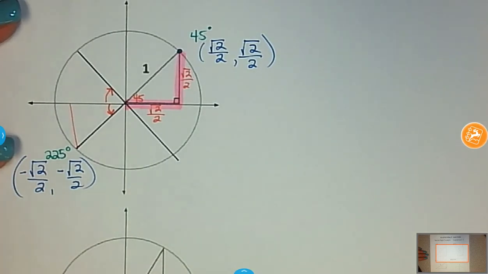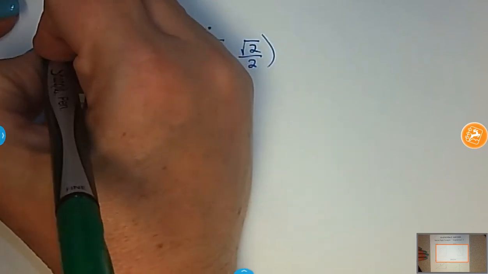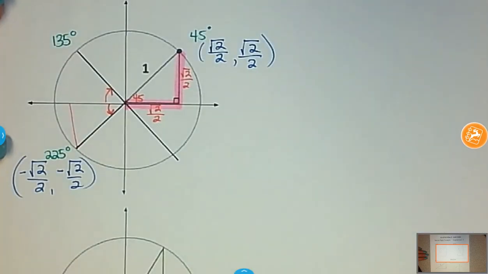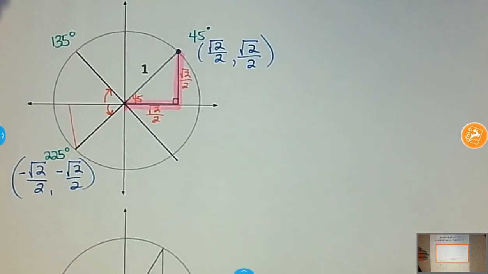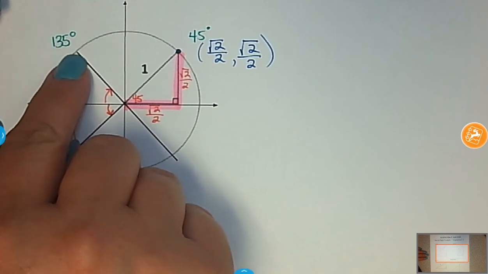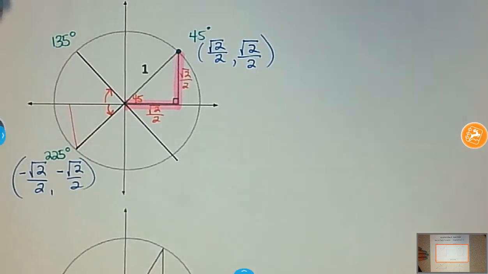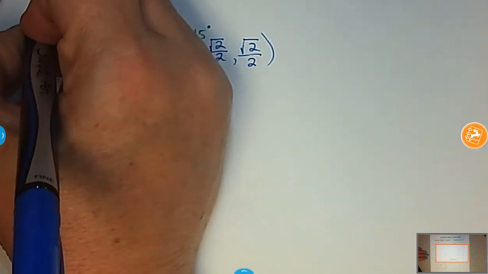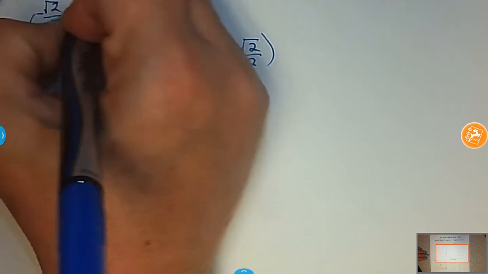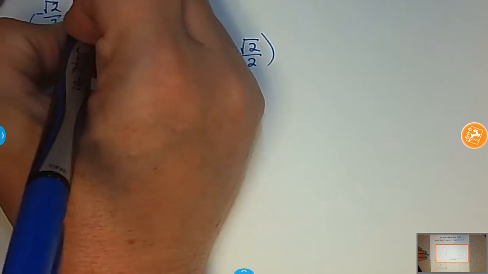That's 180 minus 45 is 135 degrees. Guess what? It's going to be the same ordered pair, only to get there I go left and up. So my ordered pair will be negative square root of 2 over 2 and a positive square root of 2 over 2.